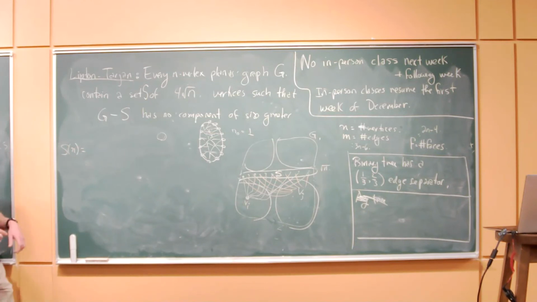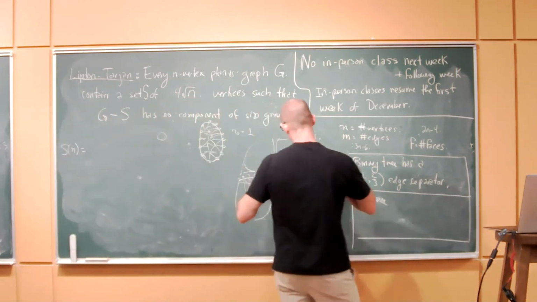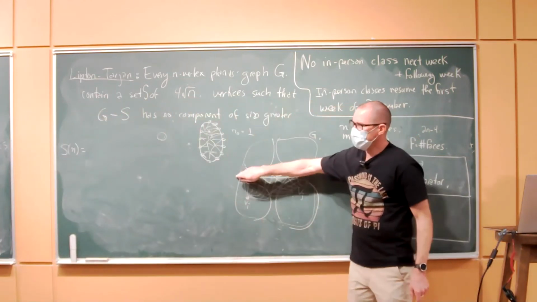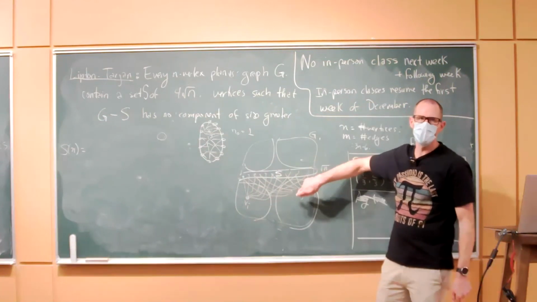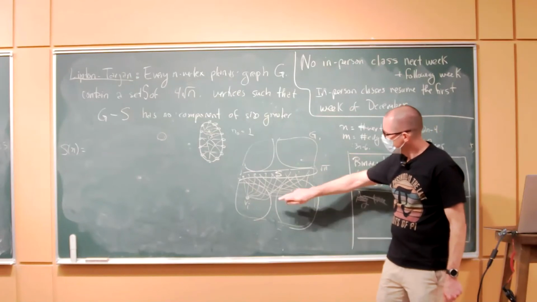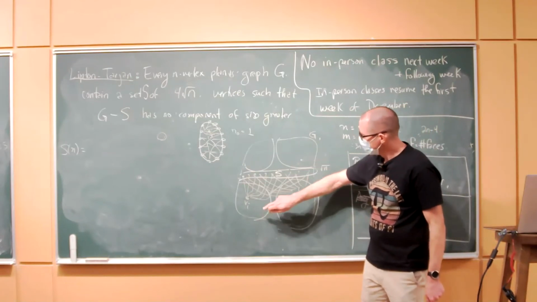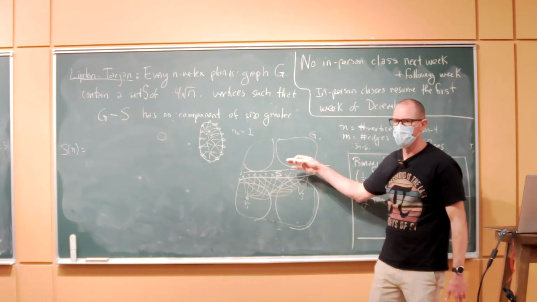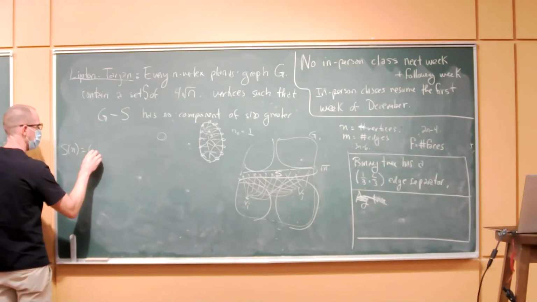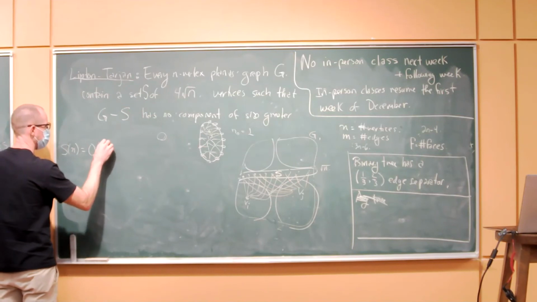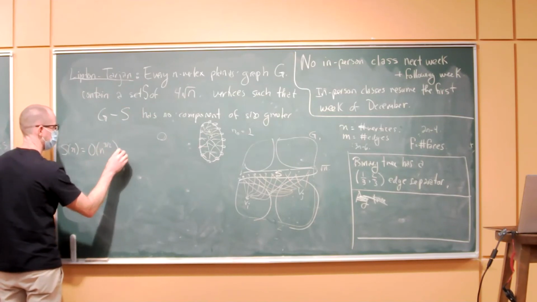So just for the top level of the data structure, I have this separator, and every one of the other vertices remembers its distance to every vertex in the separator. So this thing remembers root n things, this one remembers root n things. That's true for all of them. So that's going to be something like n times root n, which is n to the 3/2.